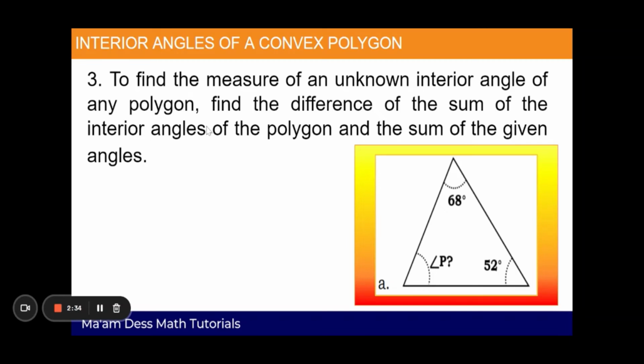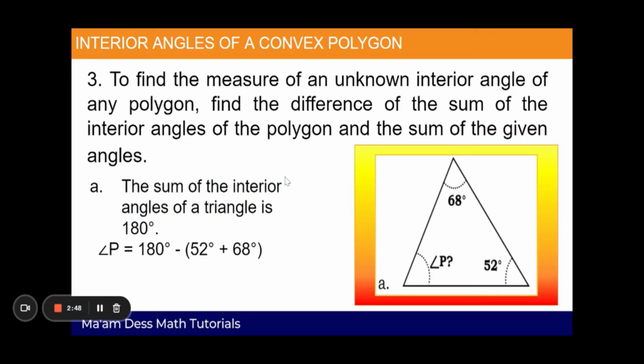For number 3, to find the measure of an unknown interior angle of any polygon, find the difference of the sum of the interior angles of the polygon and the sum of the given angles. Okay, so we know that the sum of the interior angles of a triangle is 180 degrees.